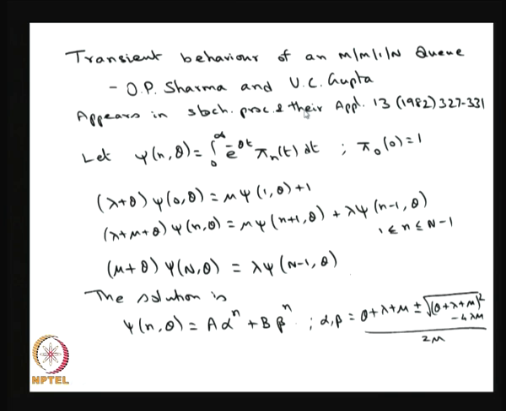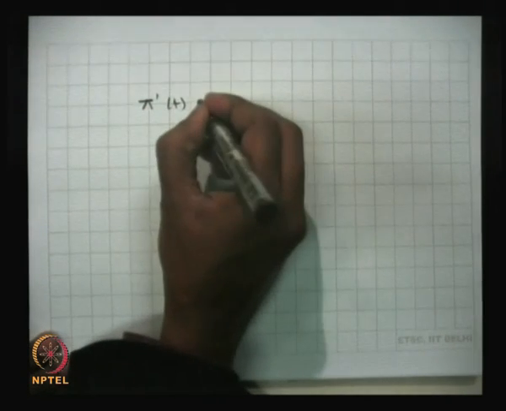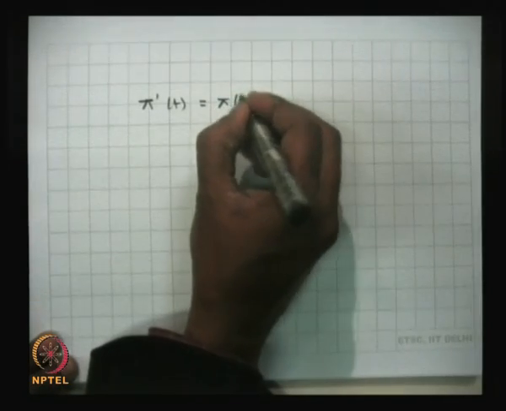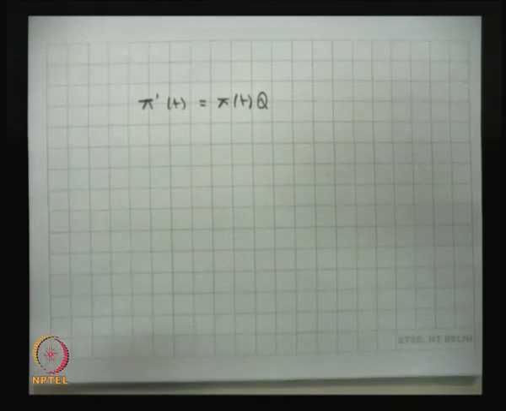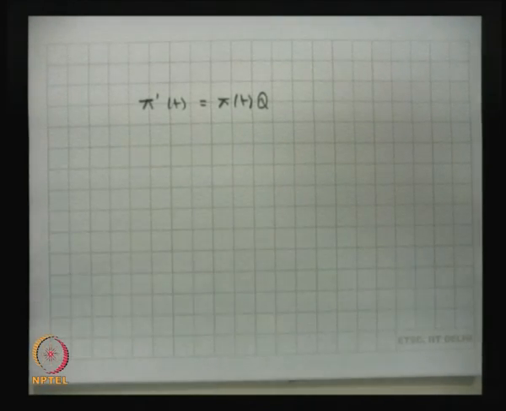So how does this method work? You start with the forward Kolmogorov equation, that is, pi dash of t is equal to pi of t times the Q matrix, where pi dash is the vector of derivatives and Q is the infinitesimal generator matrix.